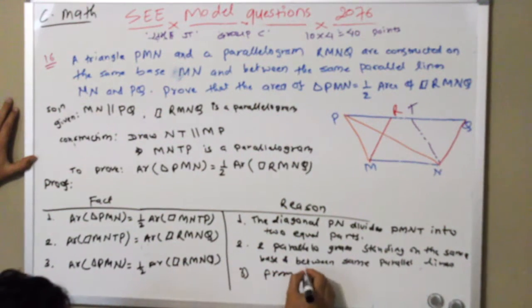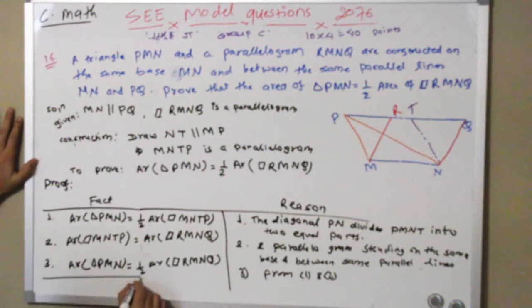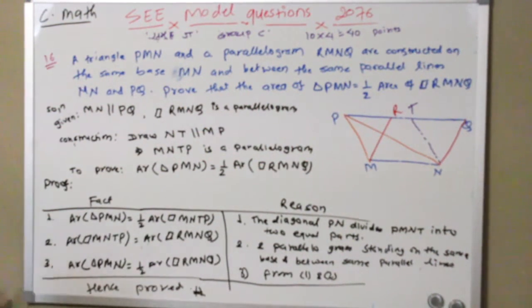That's what you needed to prove. Now you can say it is proved, hence proved. Getting it? Three lines of proof.